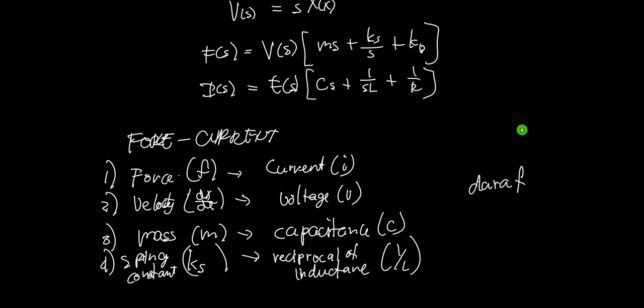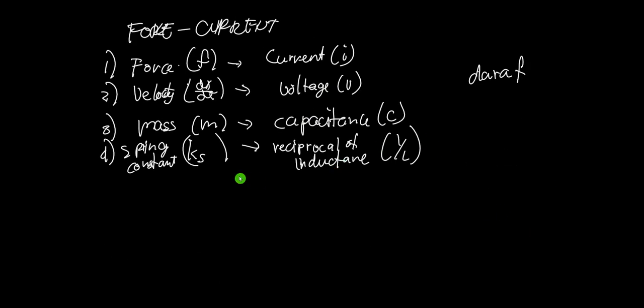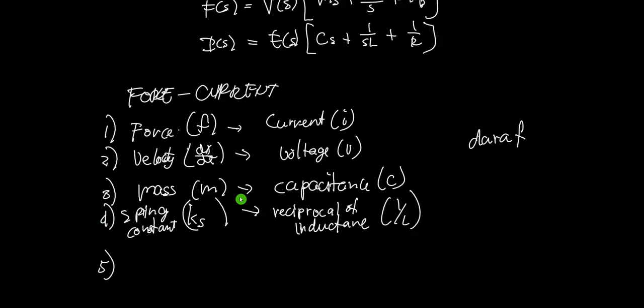The unit of resistance is ohm, while the unit for the conductance, the inverse of resistance, is mho. Here, it's also similar with that case. The unit of the elastance is daraf. It's just the reciprocal of the capacitance, which is also 1 over C. But for inductance, this is just 1 over L. Instead of using reluctance, I just use this reciprocal of inductance.